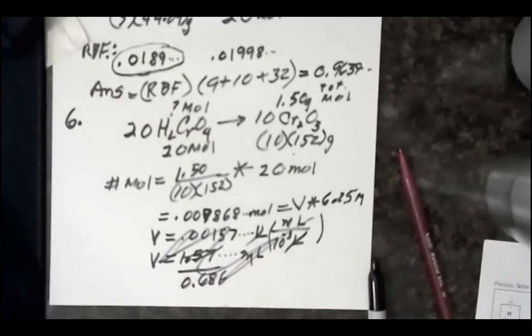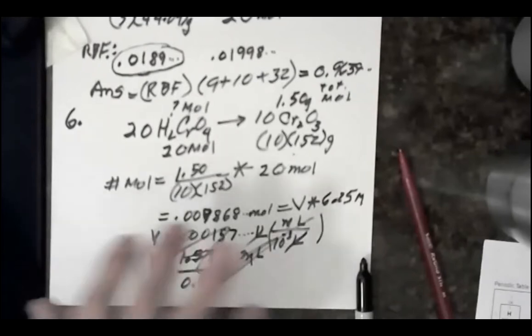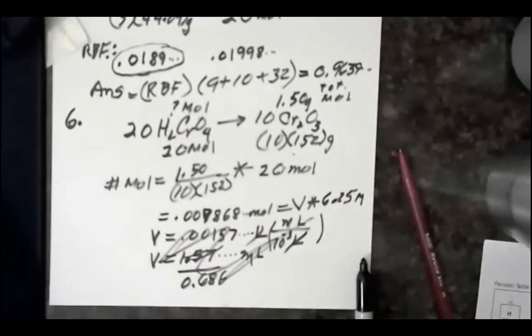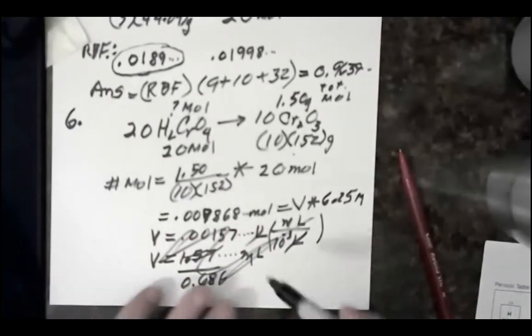And then I need to divide that by the percentage. Percentage was, divide that by 0.686. Yes. And now that looks a little bit better. The setup was correct.